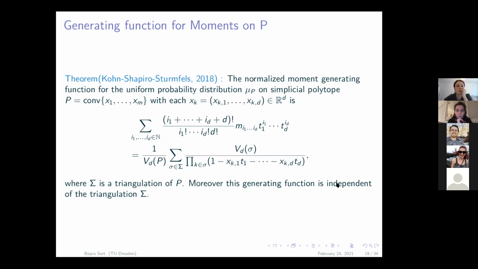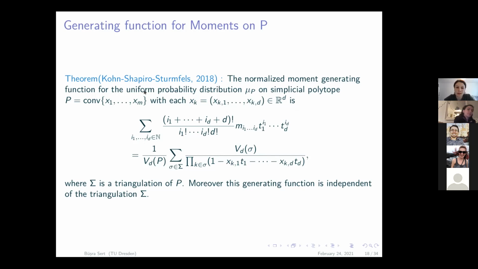And in 2018, Kohn, Shapiro, and Sturmfels provided a generating function in the case of simplicial polytopes for finding the moments.